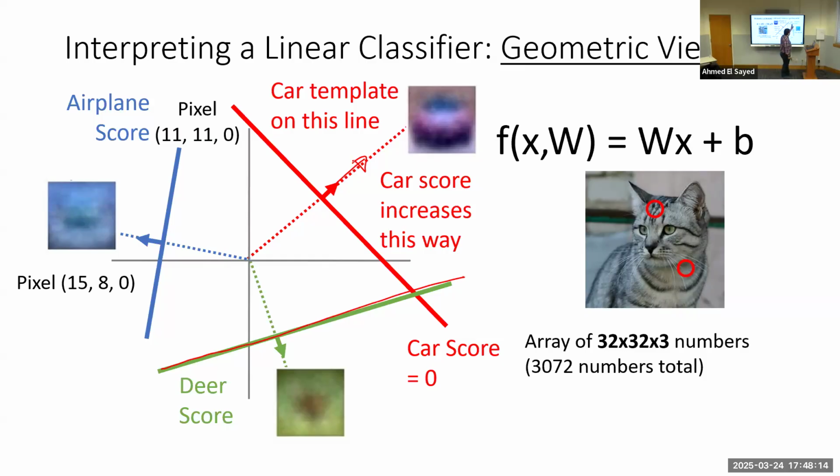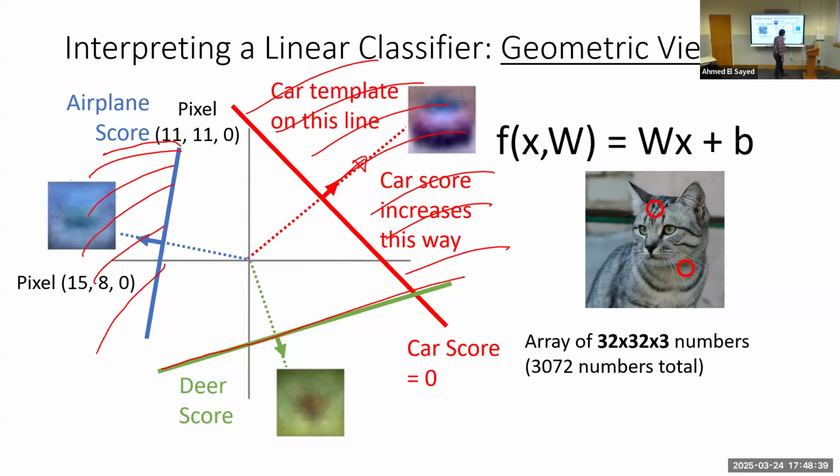If you look at all the images for the airplanes, the score will be higher than this line. If you look at the scores for deer, the score will be higher than this line, which means that this area will be the area for the scores of the car. This area will be the area for the scores of the airplane. This area will be the area of the scores of the deer. Okay?